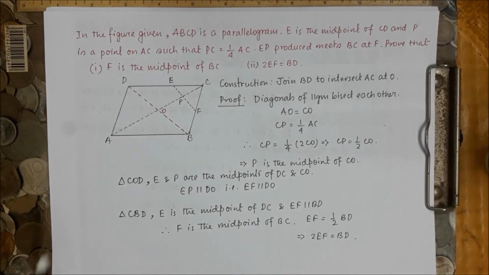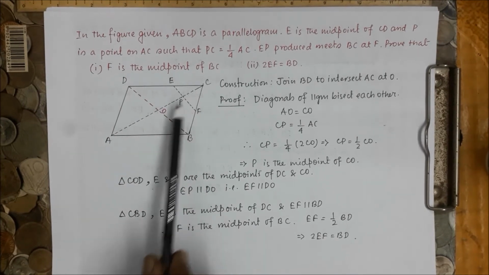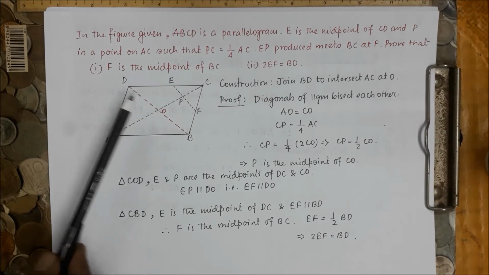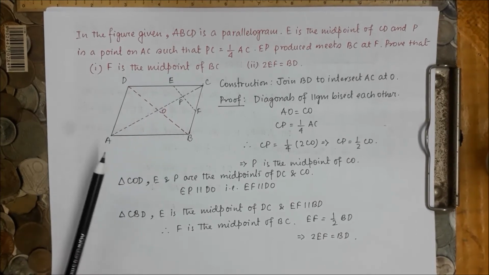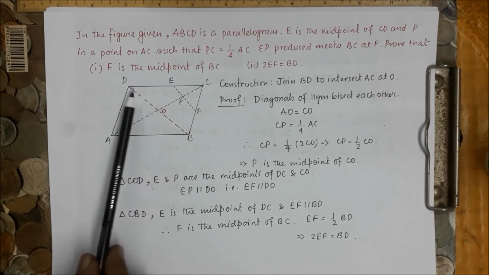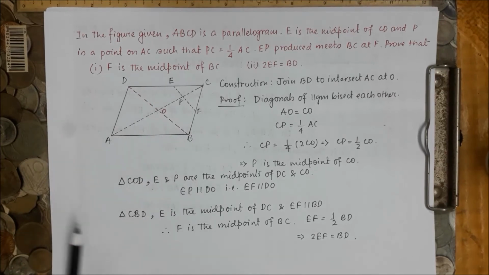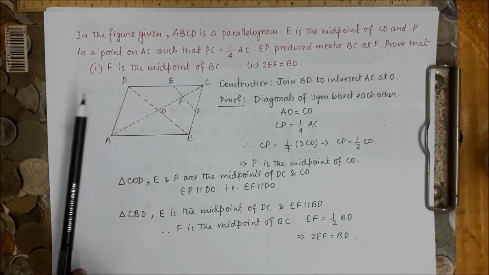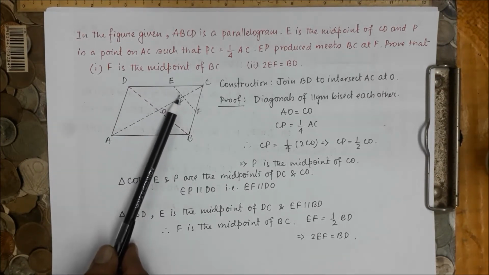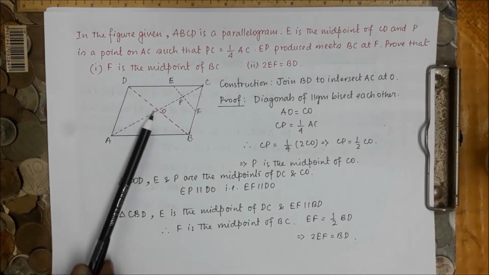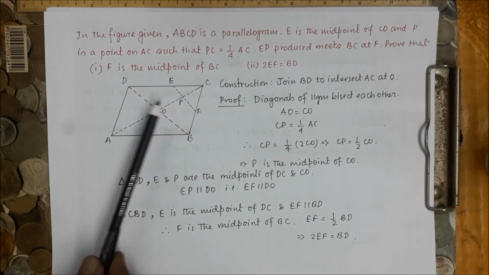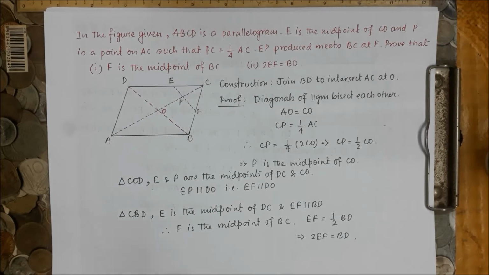Now in triangle COD, E and P are the midpoints of the sides DC and CO. Therefore, by midpoint theorem, we can say that EP is parallel to DO and EP equals half of DO. So we only need the parallel side.